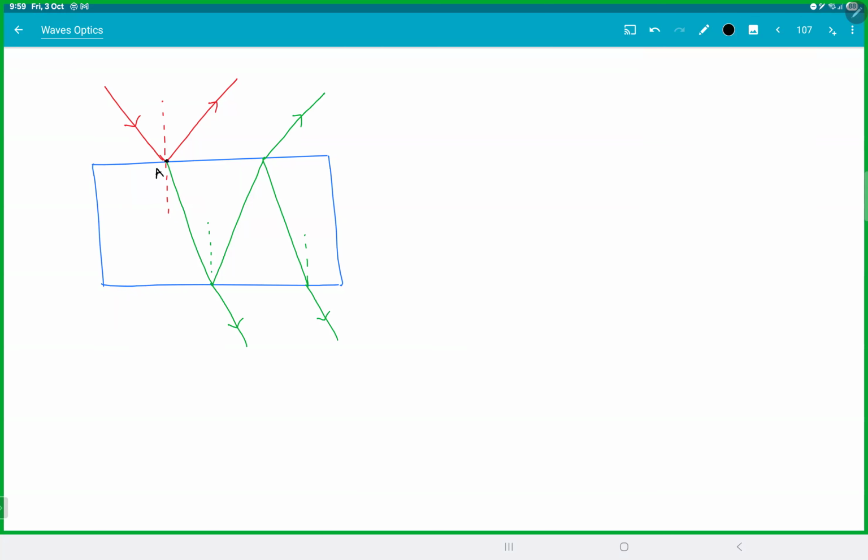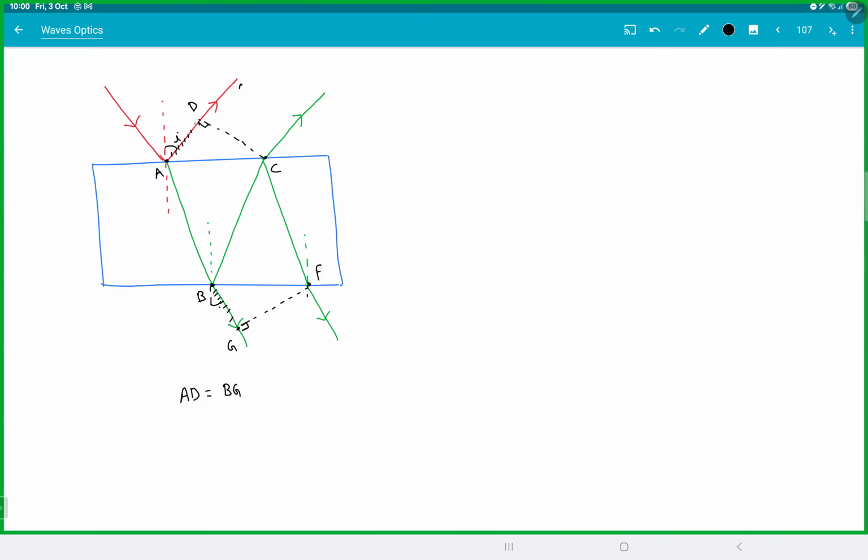Okay, this was A, this was your C. When you drop the perpendicular distance, this was D. If I do something similar here, this is B, this is F, and if I drop a perpendicular here, let's say this is G. Do you agree this AD and this BG are equal? Same angles. This is I. This is I. This is I. You get the same stuff. Symmetry, no? These all angles are same. So you can clearly see here AD and BG are same.